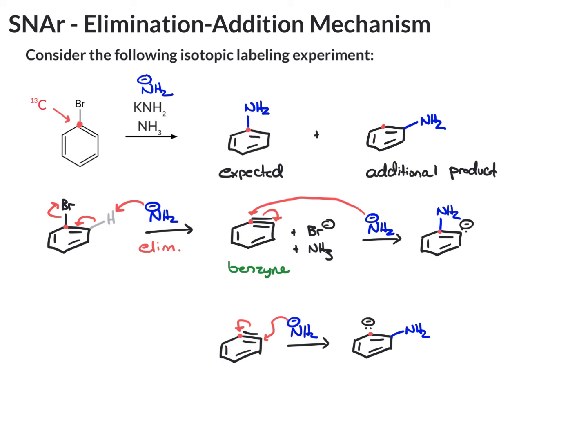Now we're not quite done yet, so this is where the proton source comes in, the NH3, and we just need to protonate the ring to get to the final product. So we'll use that lone pair and just pick up a proton.